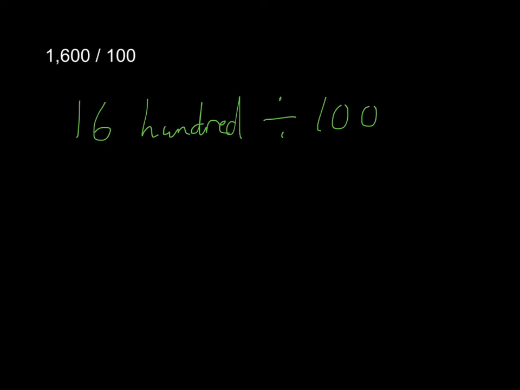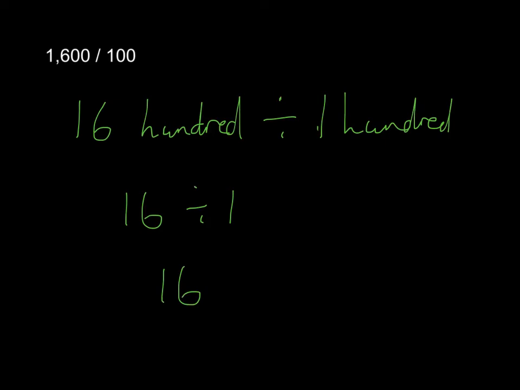Or rather we could write it as 1,600 over 100. We know that it's the same as 16 divided by 1, which is 16. Two different ways to get to the same solution.